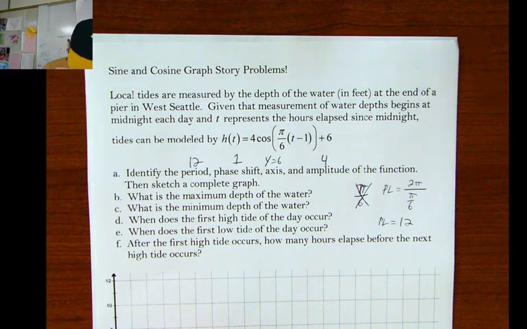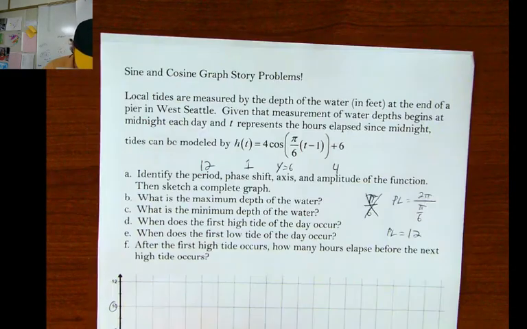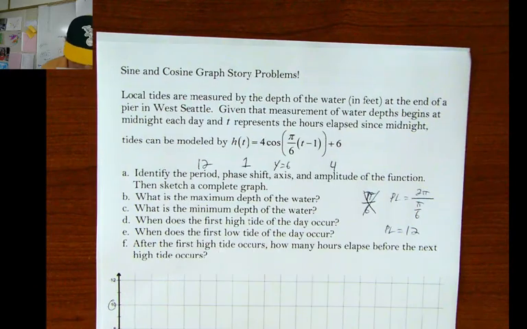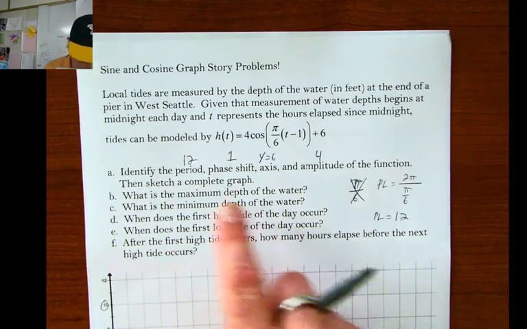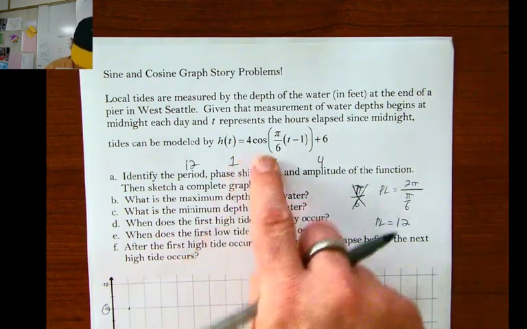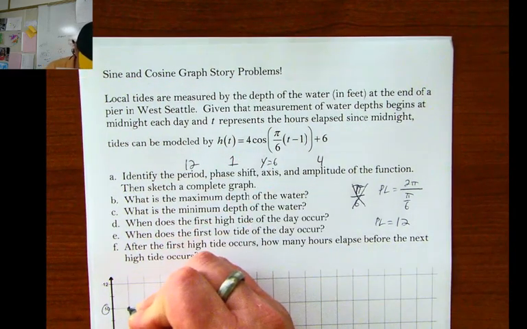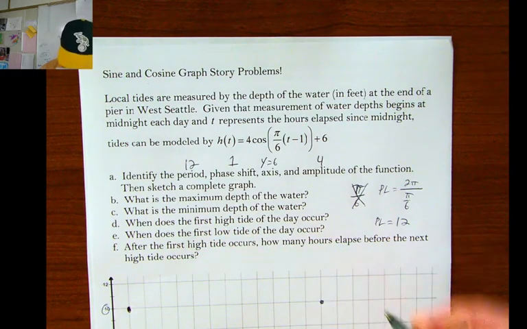I've got 6 for my axis, but with the amplitude of 4, it's going to max out at 10 and min out at 2. We're talking a cosine graph, and the period is 12, which means after 1, it's going to repeat itself at 13. And at 1, I know it's at the top because that's what a cosine graph does.